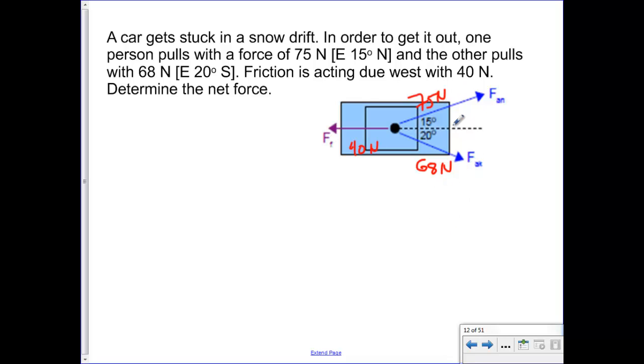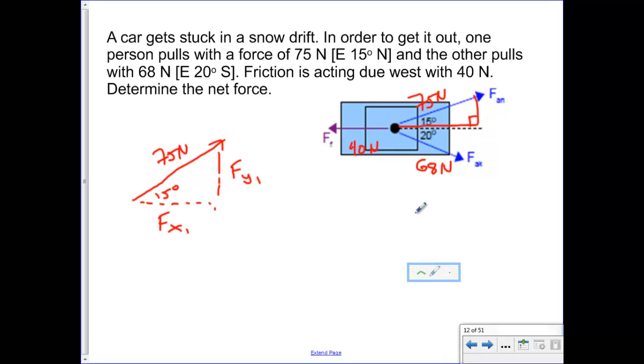So we're going to have to do what we did in the last unit. We're going to have to make some triangles here. Here's one triangle. This would be the 75 newtons, this would be the 15 degrees, and I could look for the FY1, and I could find the FX1. That would basically be this triangle right here.